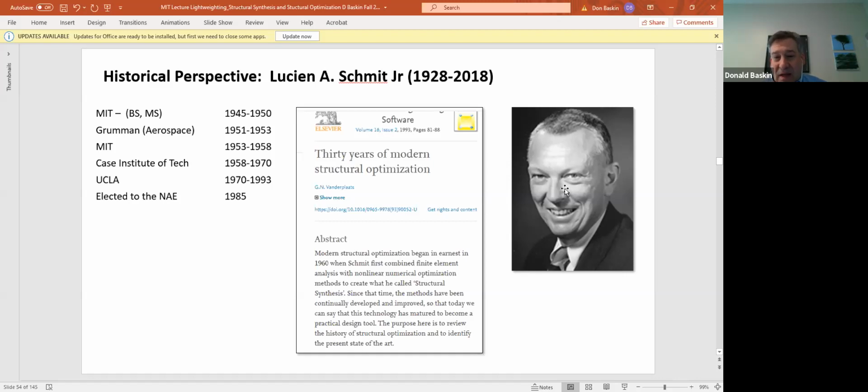But he is really the first guy to ever look at these structural engineering problems that we're talking about in a very systematic way. And the first time that anyone ever proposed the idea of using this systematic approach. The systematic approach is called numerical optimization. Using numerical optimization in conjunction with finite element analysis to optimize structures. He was the first guy to ever propose that.